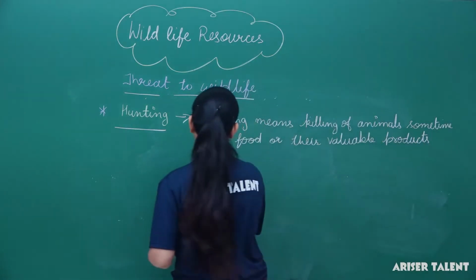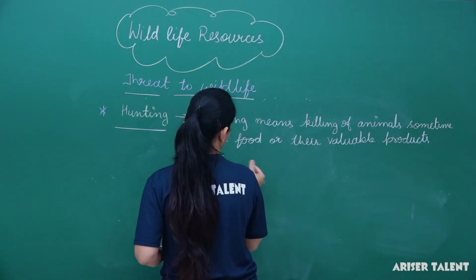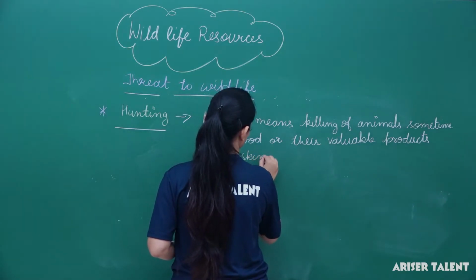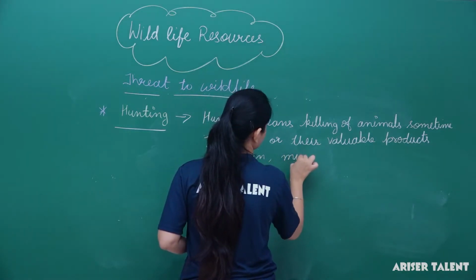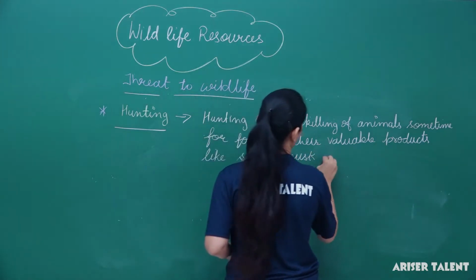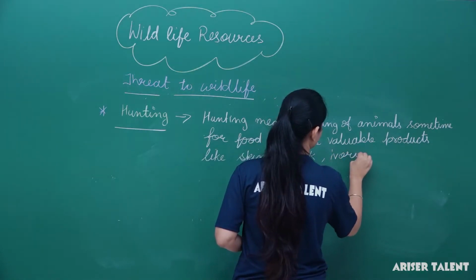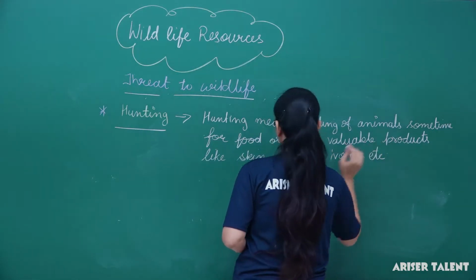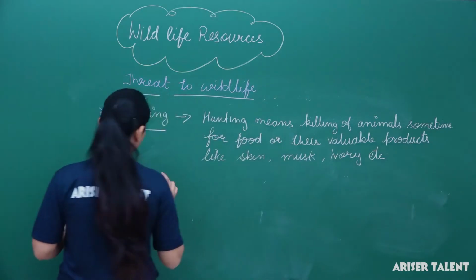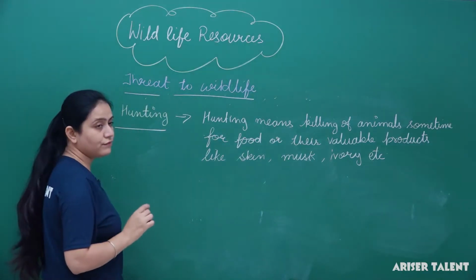Products like skin, musk, ivory, etc. Okay, animals are being killed for the leather also. Okay, this was the first reason.